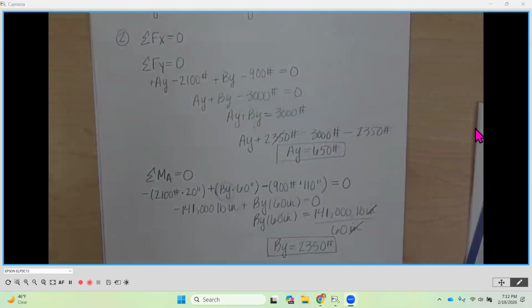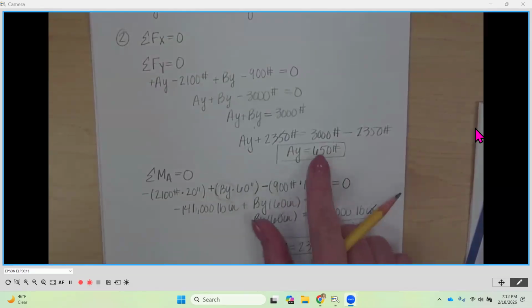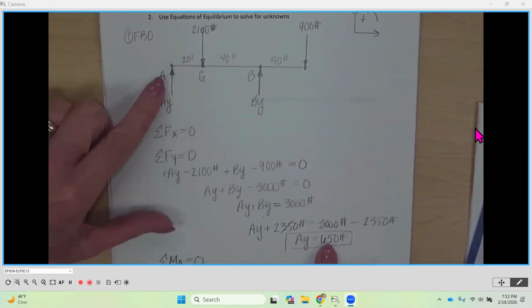If I ended up with a negative for either one or both of these, I never leave an answer as negative, because that tells me you didn't pick the right direction, whether up, down, left, or right. That means you have to change the direction up here and make it correct.